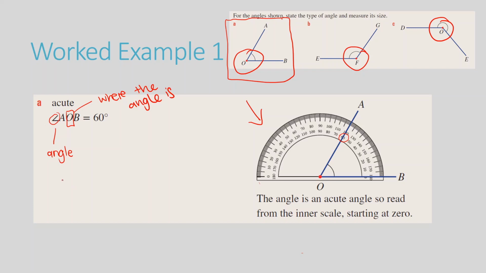So if you wanted to write angle BOA is equal to 60 degrees, because O is still in the middle and you're literally reading it like BOA, I would still accept that. If it's AOB, that's also correct, just as long as we see O in the middle.